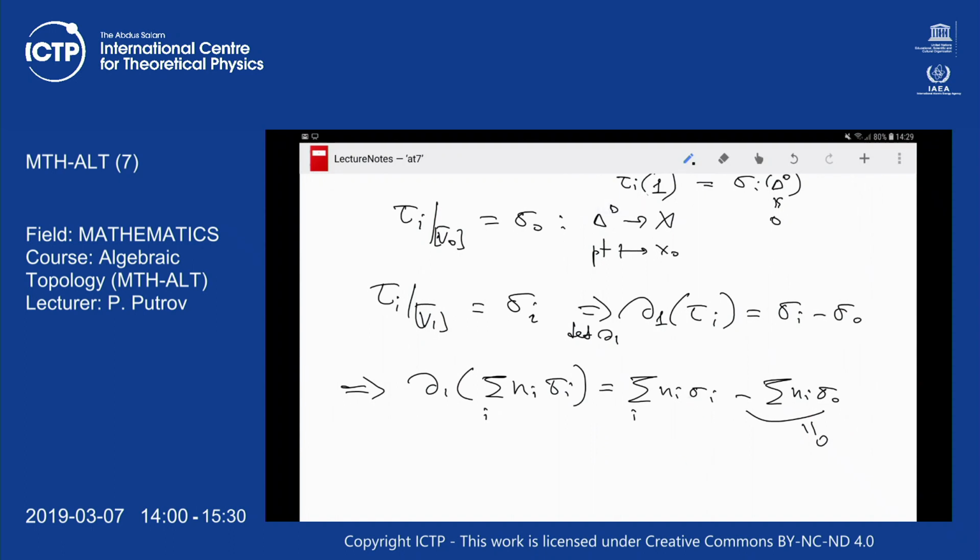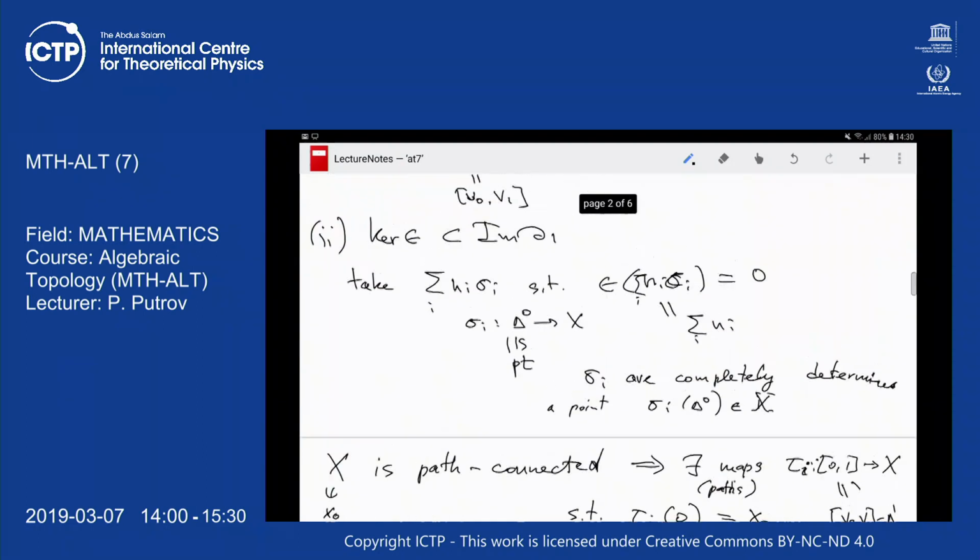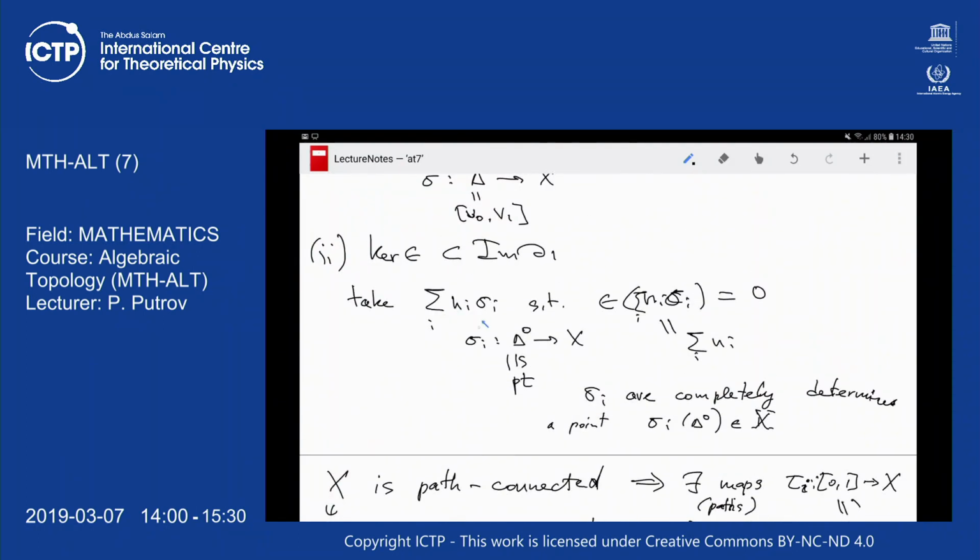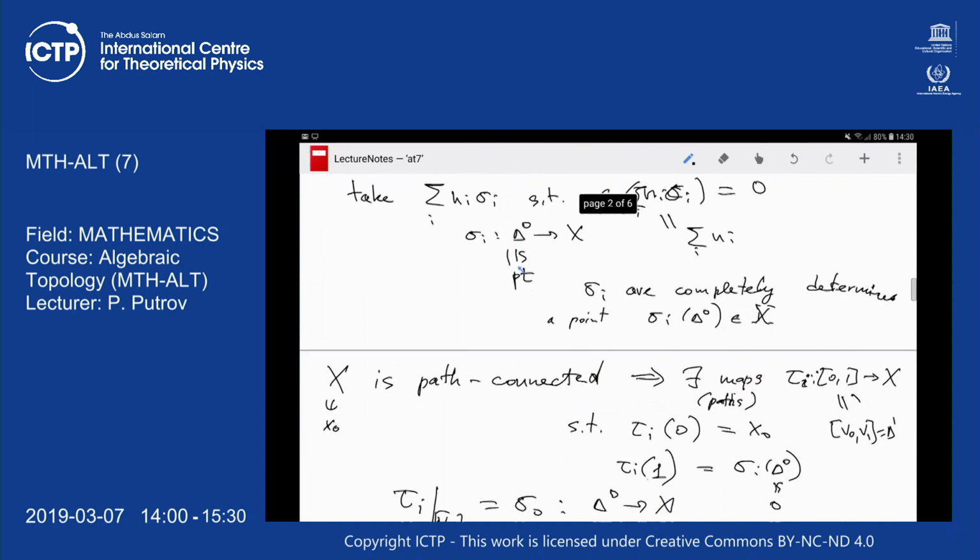So this shows that this guy belongs to the image. Since we found one chain such that D1 of it gives us this element, indeed we showed this property. So we took an arbitrary element in the kernel of epsilon and we showed that it's actually D1 of something.